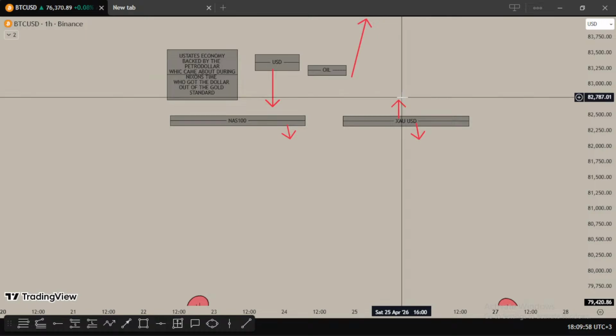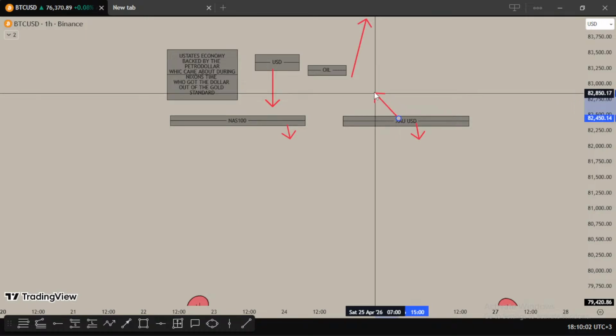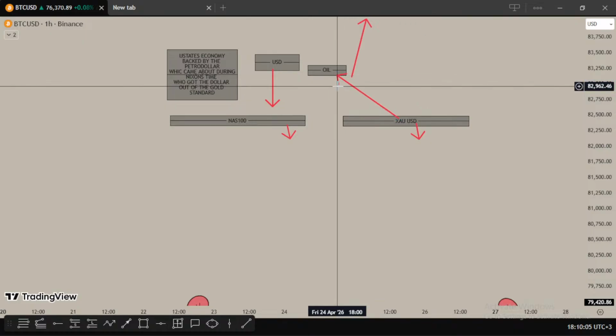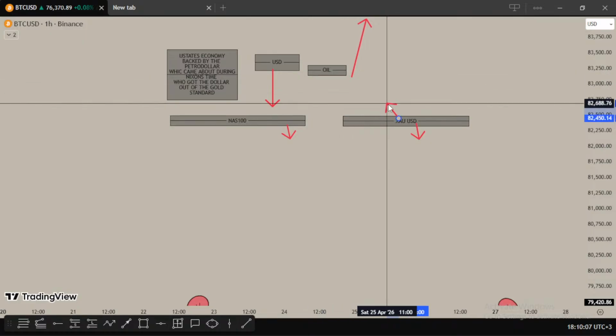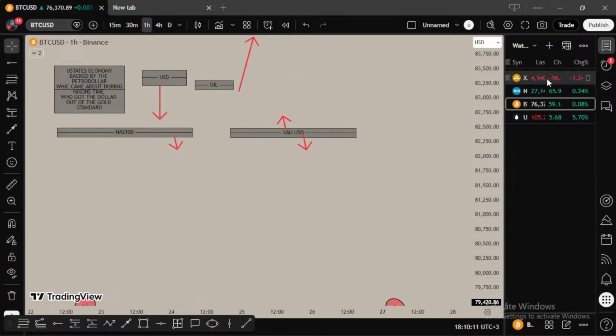I can't explain. I think it's because gold and oil have the same value.